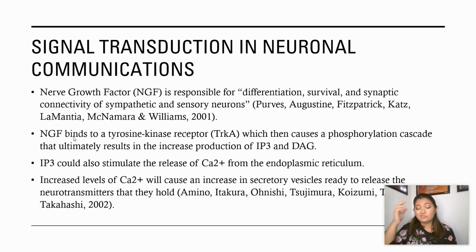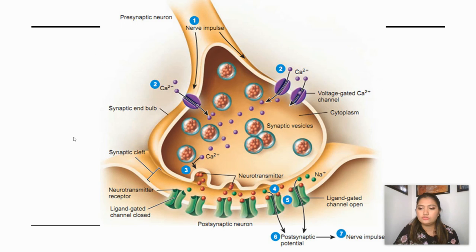So think about what we just talked about. Remember that calcium is the one that helps stimulate the fusion of the secretory vesicles onto the edge of the axon terminal. So if you increase those levels, then the secretion will also be quite increased. Depending on the neurotransmitter, here's the picture again.